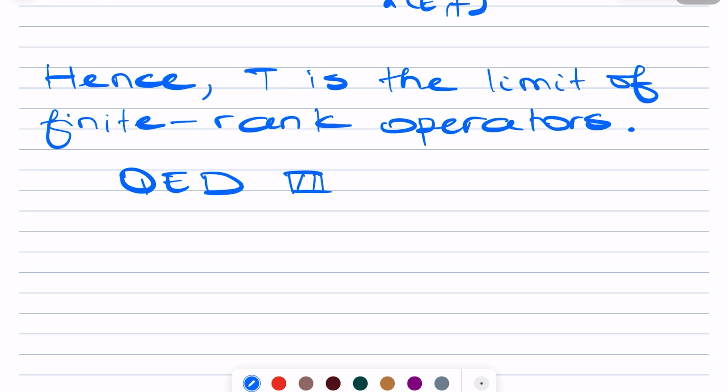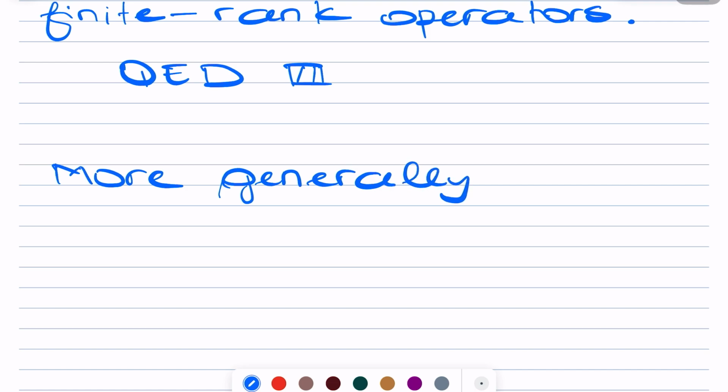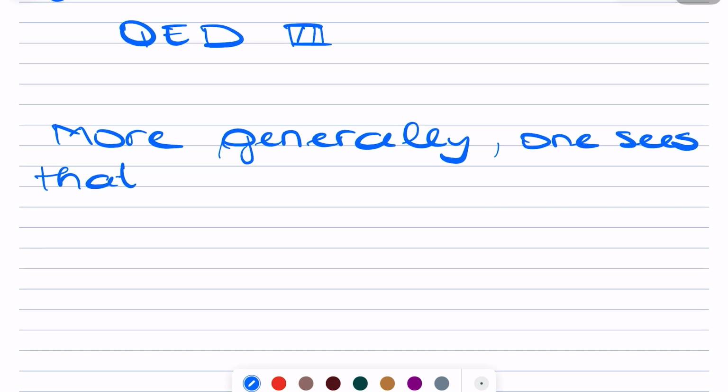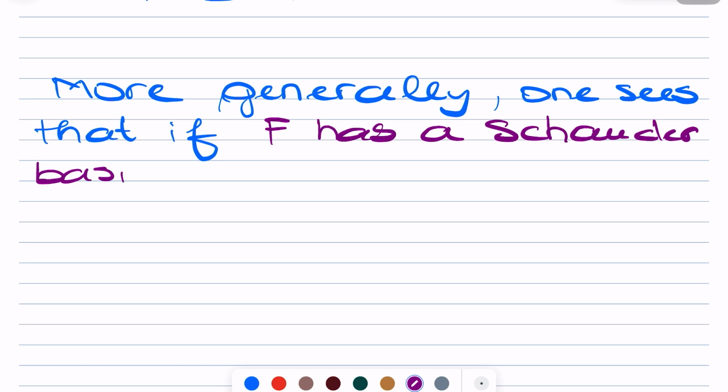So more generally, let me just write it. More generally, one sees that if F, the codomain, has a Schauder basis, then the answer to the approximation problem is positive.